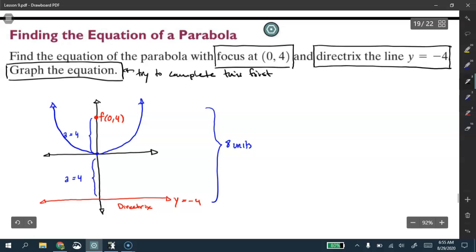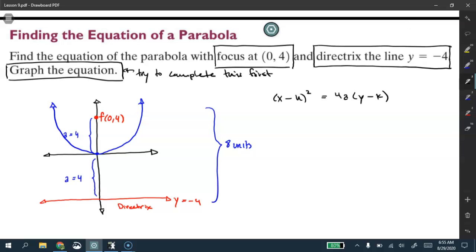So you want to go to your formulas and consult them to figure out which formula talks about opening upward. So you're going to have x minus h squared is equal to 4 multiplied by a multiplied by y minus k, right?